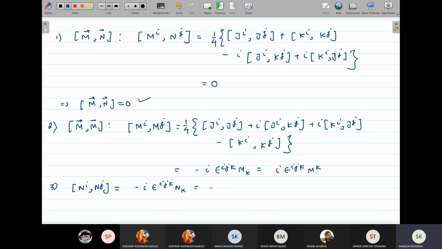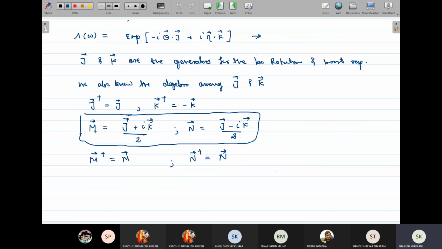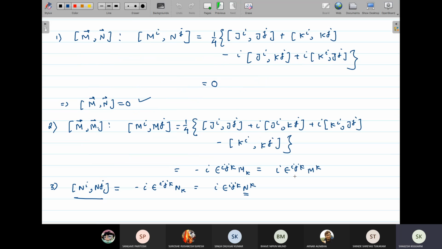So the N commutation relation also gives you N. So I have two types of generators which commute among themselves, and among themselves they reproduce the rotation algebra. But instead of one rotation algebra, I have two rotation algebras. The M commutation relation gives you one rotation algebra, and the N commutation relation gives you another rotation algebra.